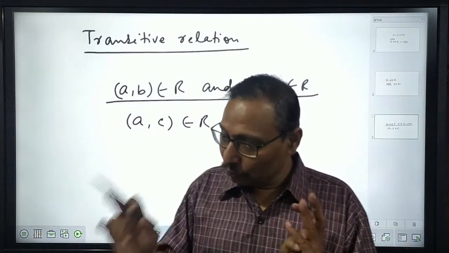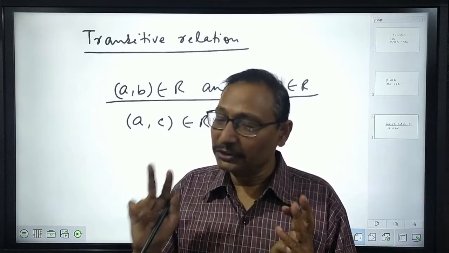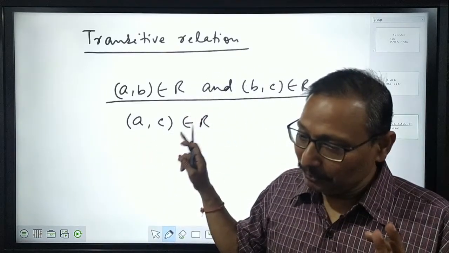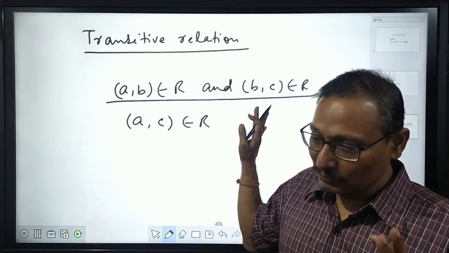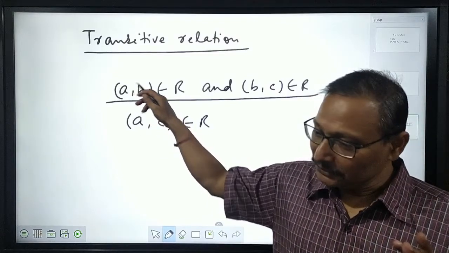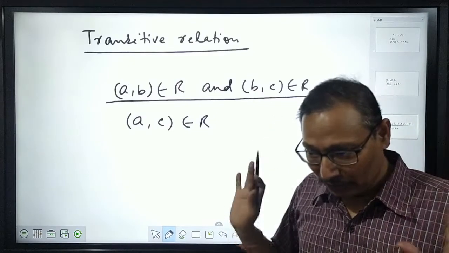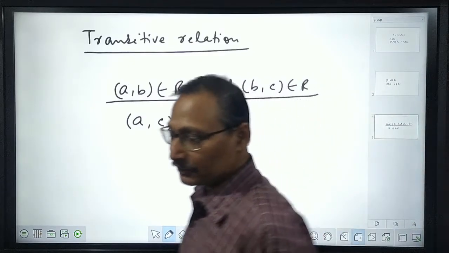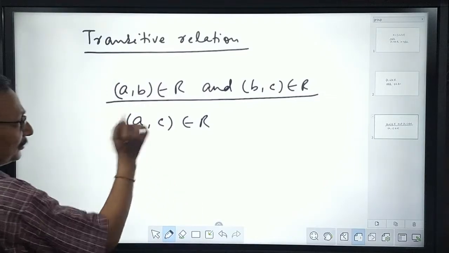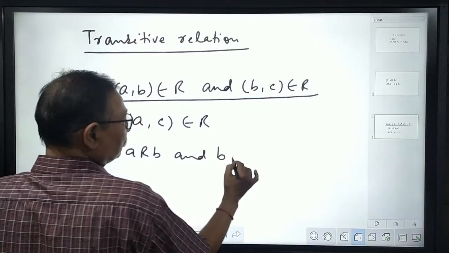Now, to check transitivity, we take two such pairs from the given relation, (A, B) belongs to R and (B, C) belongs to R, and then we check whether (A, C), that means the first element of the first pair and the second element of the second pair, are related or not. If they are related, then we say this relation is a transitive relation. Mind it, sometimes we will write in this way: A is related to B and B is related to C.